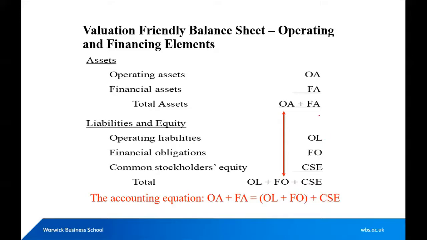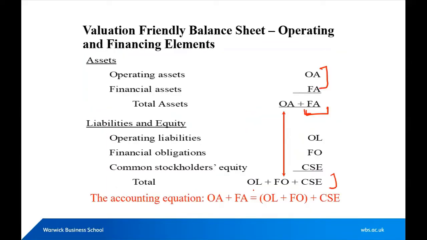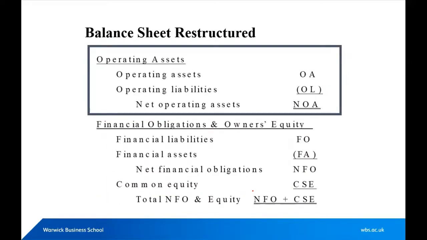These two parts will be considered as the total assets, and these three parts in total will be considered as liabilities and equity. So this is the same as the accounting equation. There is no difference.